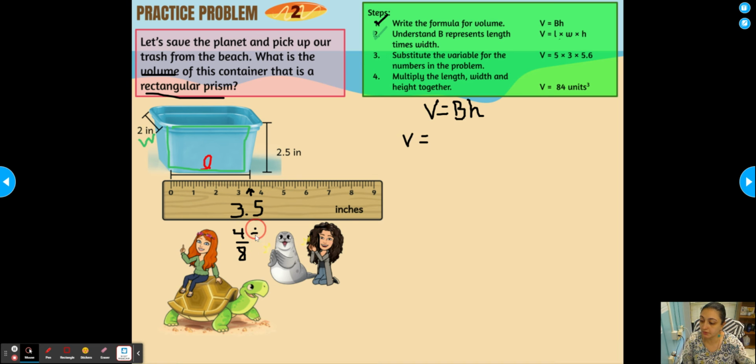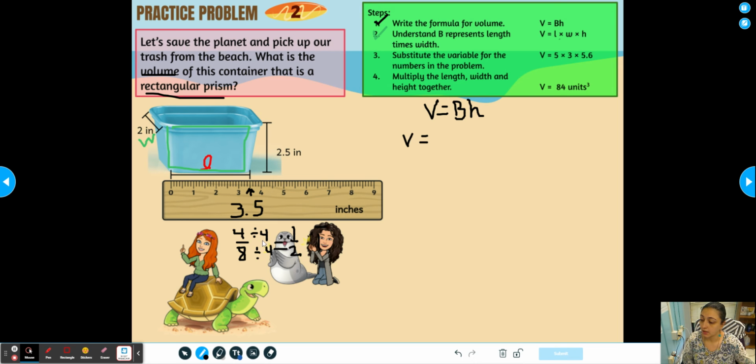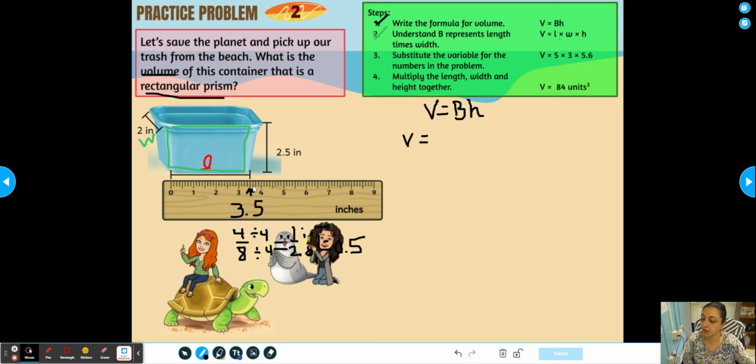I could also simplify by 4, and that would be 1/2. You can do division if you'd like. But when you divide and you do your inside outside, as we've practiced in the past, you will get 5/10. And so I know that this little section right here is 1/2, and so the value is 3.5.